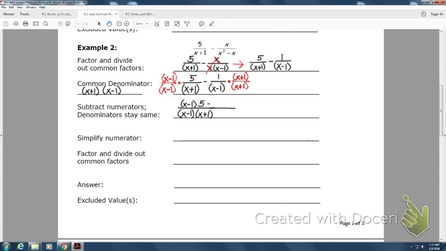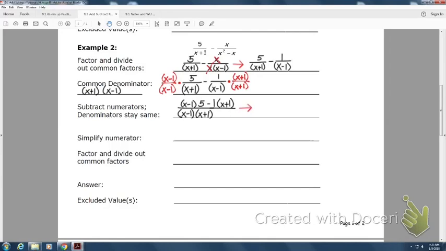After that, I've got minus 1 times x plus 1. Okay, so this one looks a little weird because of that 5. It looks pretty obvious that negative 1 we're going to have to distribute in there, but the 5 is where it's at. It's the same as if it was in the front.